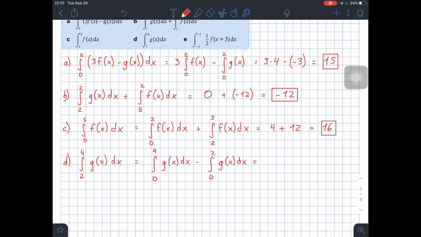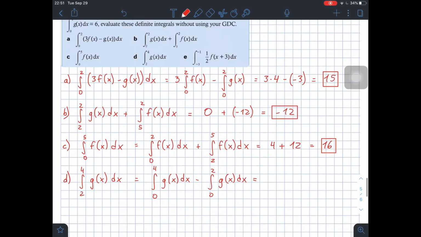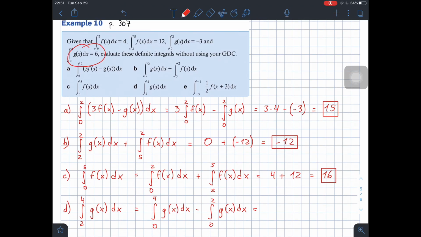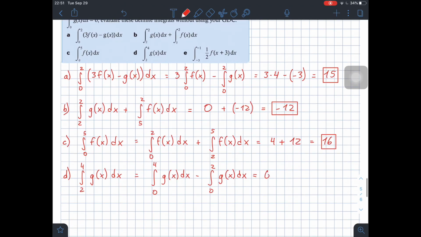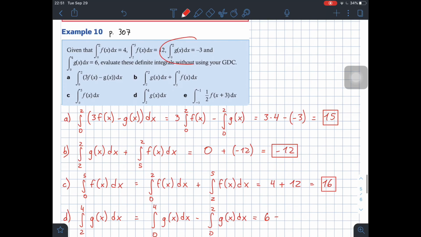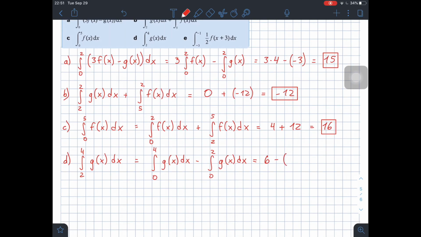So we have both of this information. From 0 to 4, according to our exercise, it's 6. So this is 6. And from 0 to 2, according to our exercise, it's negative 3. So 6 minus negative 3. And we get as a result 6 plus 3, which is 9. This is the integral from 2 to 4.